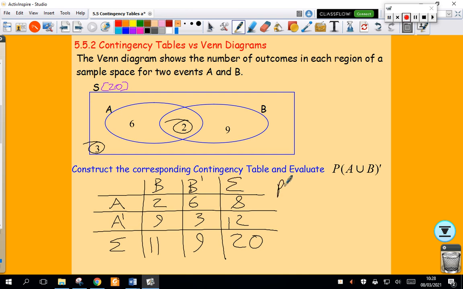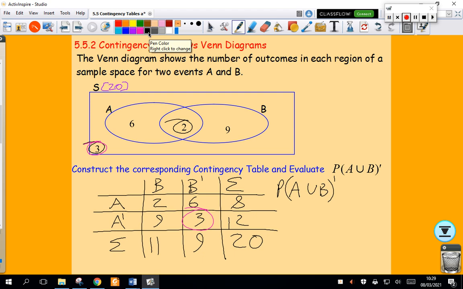To find the probability of A union B complement, well, A union B complement means it's outside A. It's not in A or B. A union B means A or B. A union B complement means neither A nor B. So it's not in A and not in B. That's where you'll find that information.